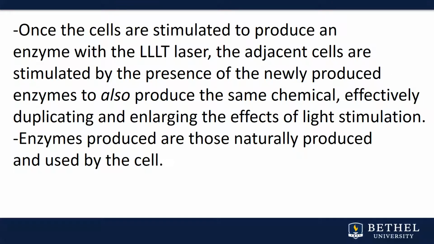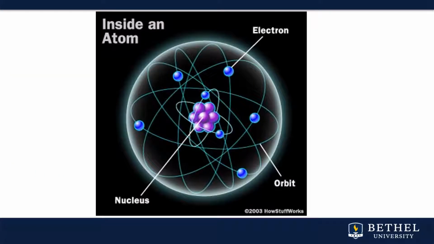Once the cells are stimulated to produce an enzyme with the low-level laser therapy, the adjacent cells are stimulated by the presence of this newly produced enzyme to also produce the same chemical effect, effectively duplicating and enlarging the effects of light stimulation. So a little bit of a domino effect around the area that you're treating. The enzymes produced are also those that are naturally produced and used by the cells, so it's not a chemical, it's not changing, and there's very few side effects.